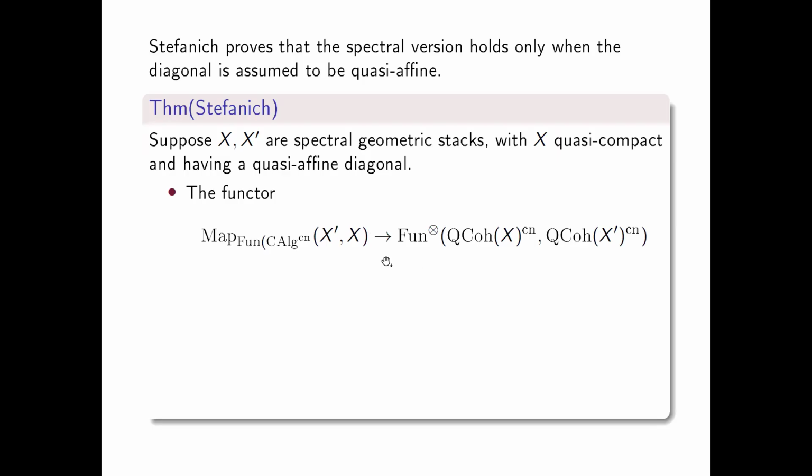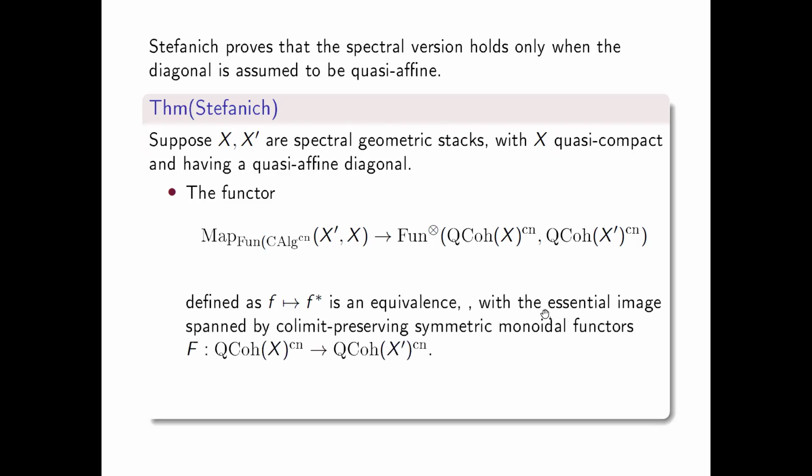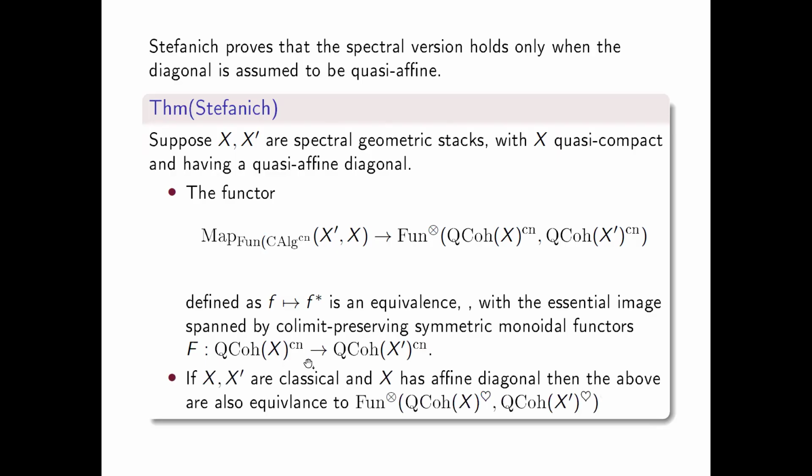Then this functor, the one that I've defined, sending F to F upper star, is an equivalence with the essential image spanned by colimit preserving symmetric monoidal functors F. And moreover, if X and X' are classical with X having an affine diagonal, then the above are also equivalent, okay, there's another typo, equivalent to this guy: symmetric monoidal functors from QCoh(X)^heart to QCoh(X')^heart.